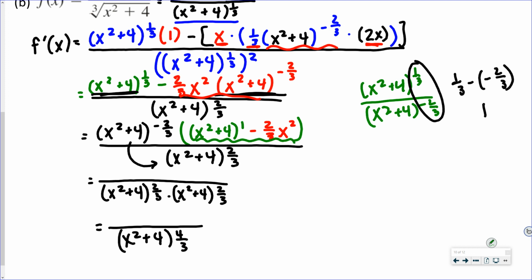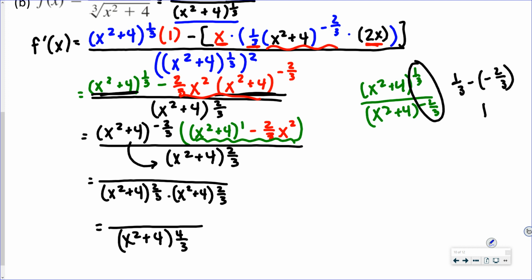So I have x squared plus 4 minus 2/3 x squared. Now we can't have fractions within a fraction. We can't have complex fractions. So we could make common denominators here. We could definitely do that. But another thing we could do is just times the top and bottom by 3 and get rid of the fractions. Or we can make common denominators. What do you guys want to do?